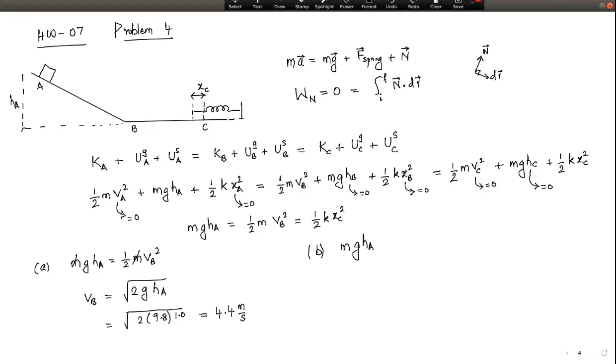It's equal to half k xc square. So compression xc would be square root of 2 times mg times height ha over k.